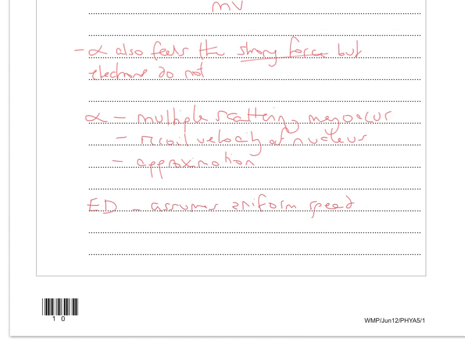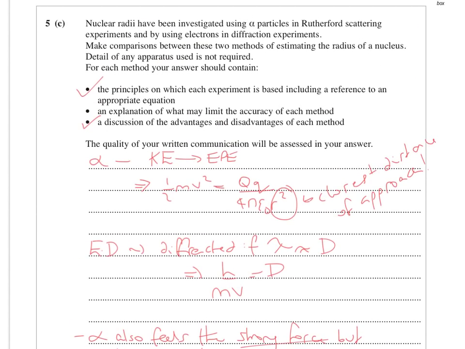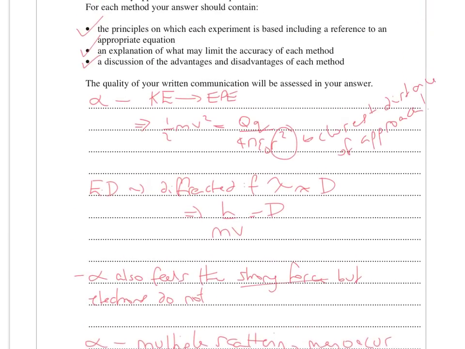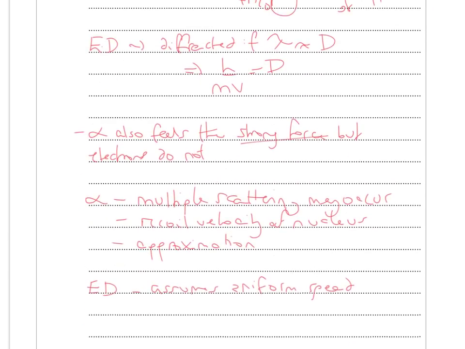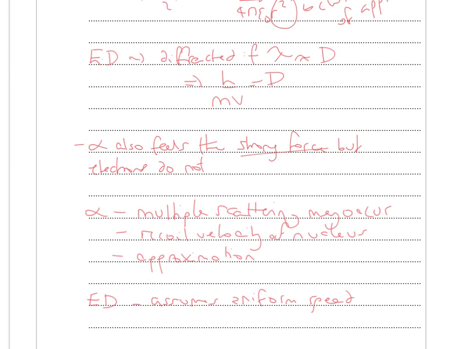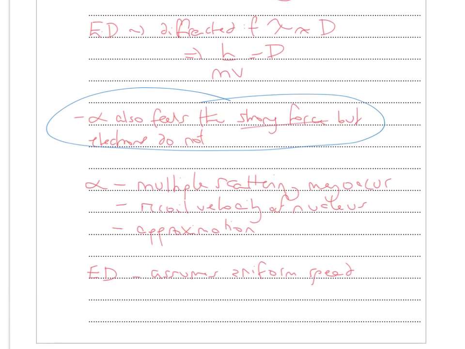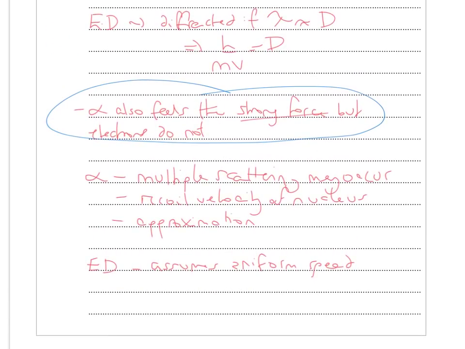So if we go back, we've now really addressed the limitations of accuracy of each method. So I guess we've finished talking about the advantages and disadvantages. We've got the key one there, the advantage is to do with the strong nuclear interaction. That is the key advantage that electron diffraction has over alpha scattering, which is nice.